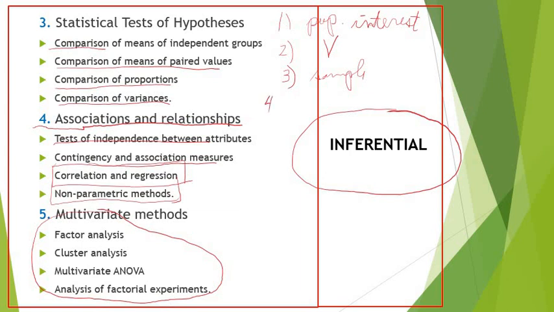Fourth, the statistical inference about the population based on information contained in the random sample of the population. And fifth is the measure of reliability for the statistical inference. So these are the different levels of data analysis.